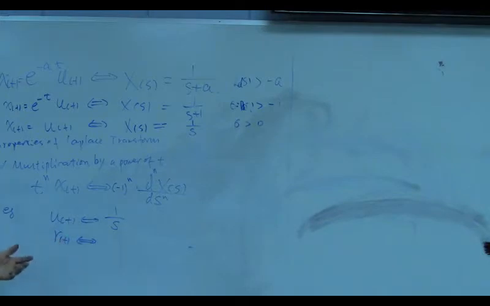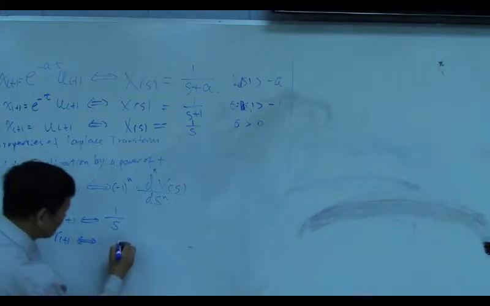t times u(t) equals r(t). We have done a lot of homework for this one. So that means what is n? 1. What is x(t)? u(t). So now tell me what is this? That means we need to take the differentiation of the Laplace transform of u(t), how many times? 1 time.